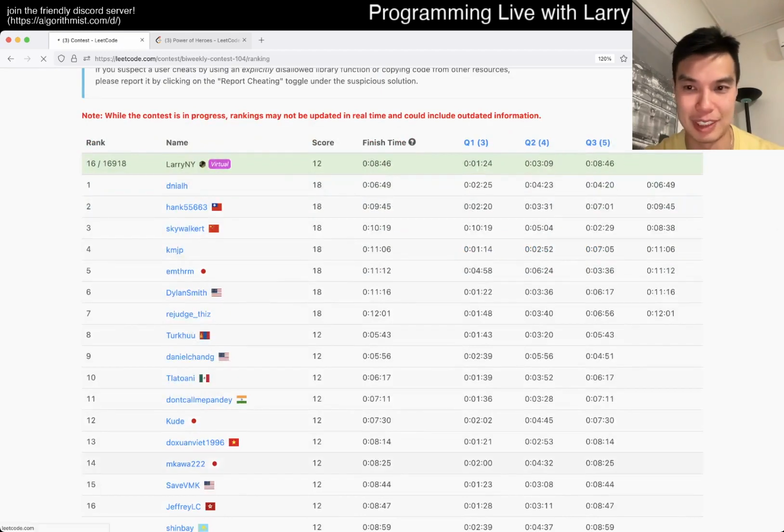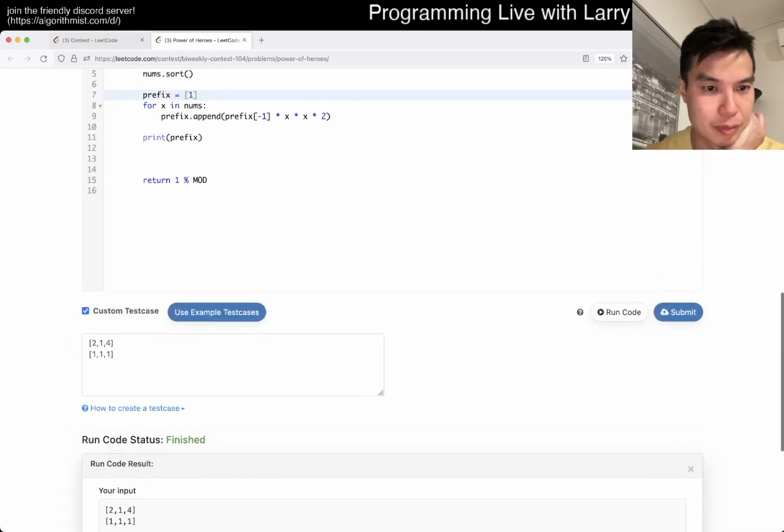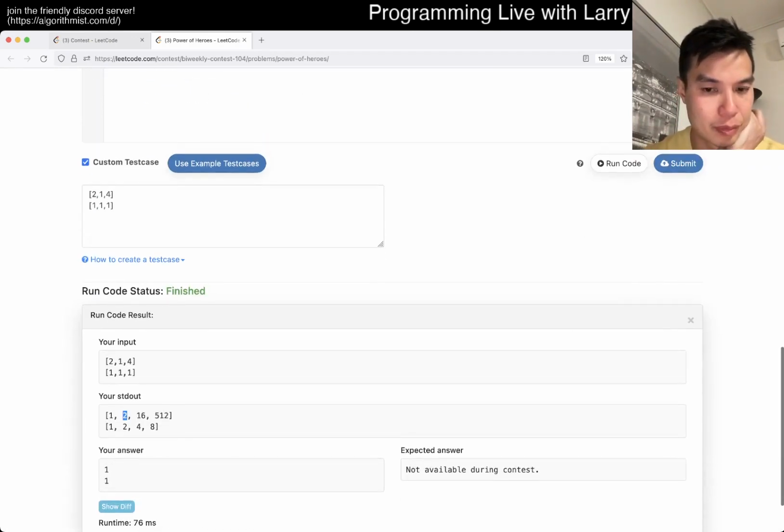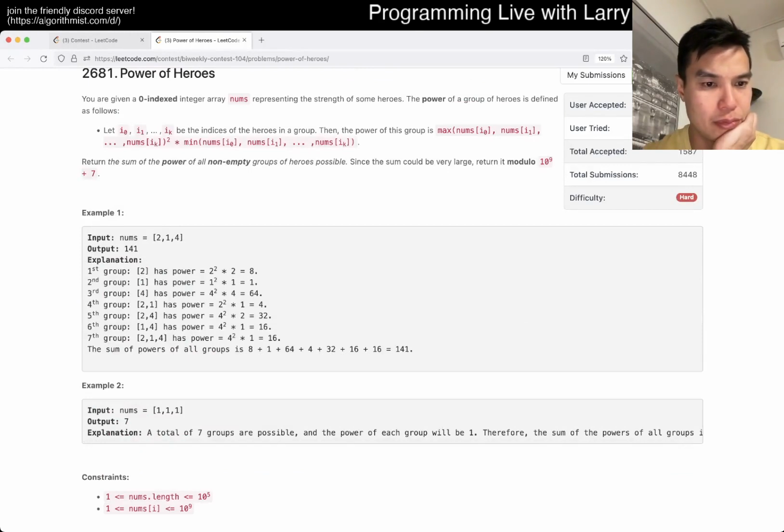Is the summation of all the smaller numbers. That's not enough because there's a subsequence, right?